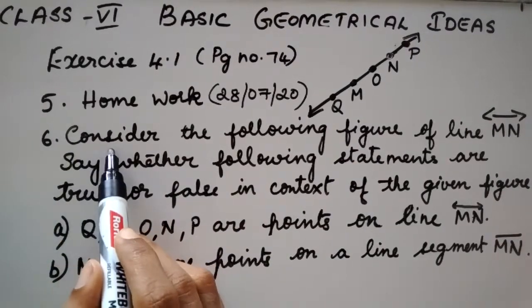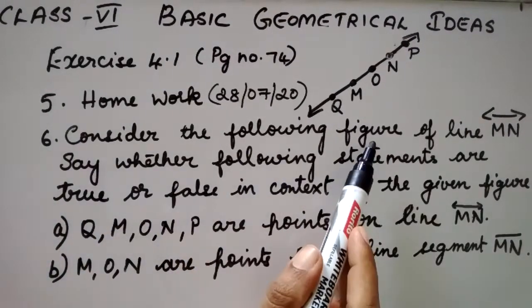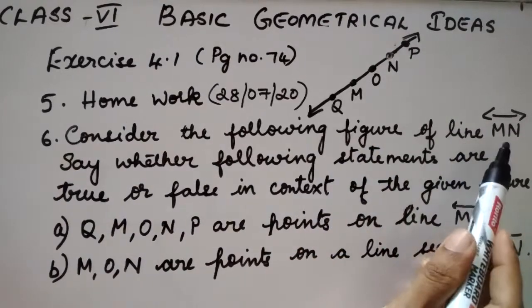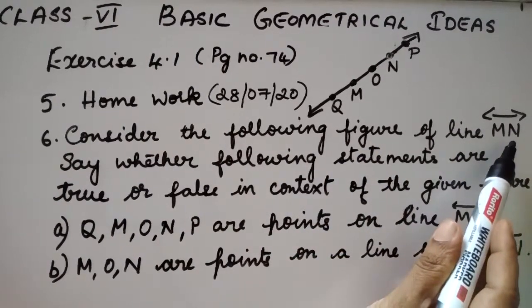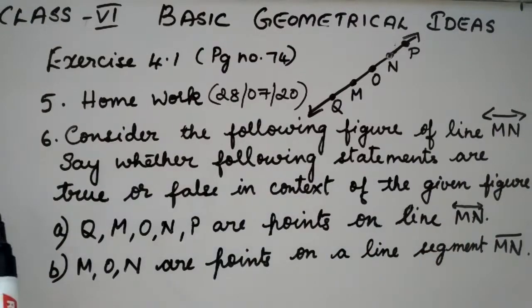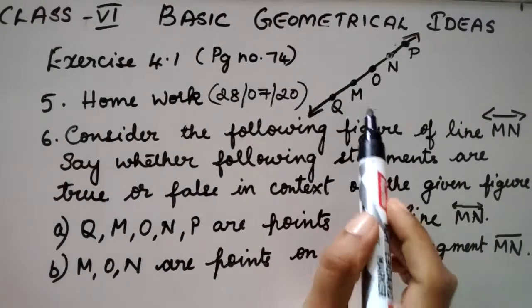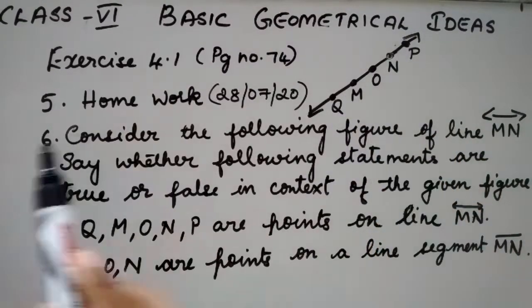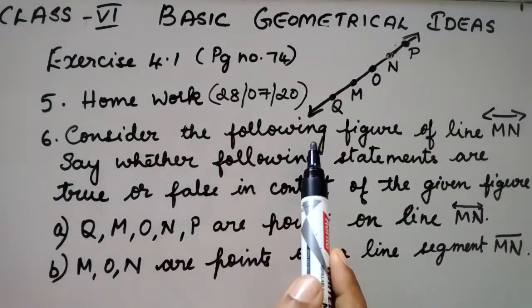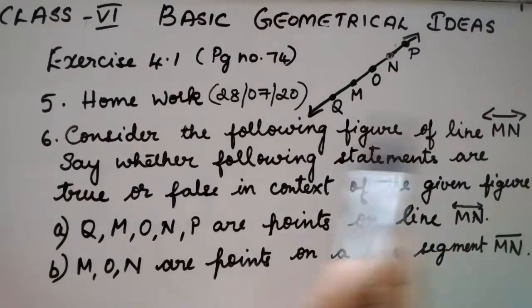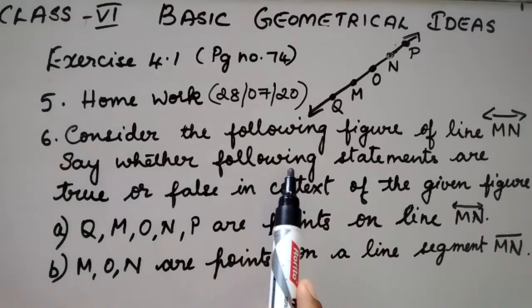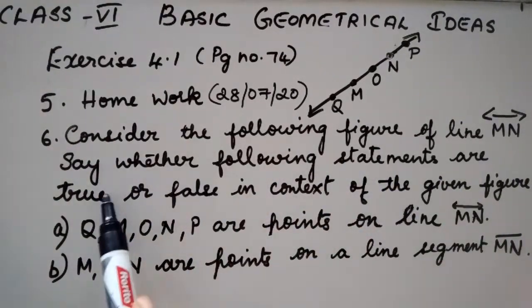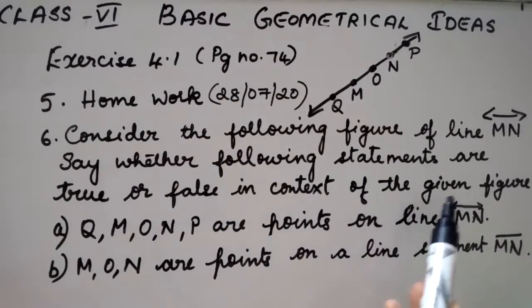Next we have, consider the following figure of line MN. And this is the figure. This is the figure of problem number 6. Consider the following figure of line MN. Say whether following statements are true or false in context of the given figure.